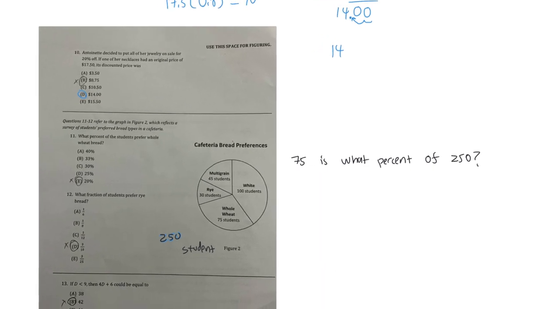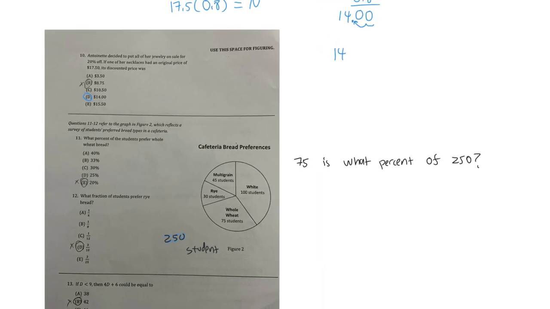Okay, so to be very clear, we already know that there are 75 students who prefer whole wheat bread. We also know that there's a total of 250 students. So therefore, what they're really asking is 75 is what percent of 250.